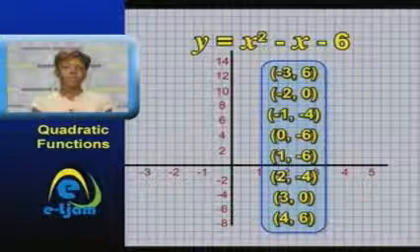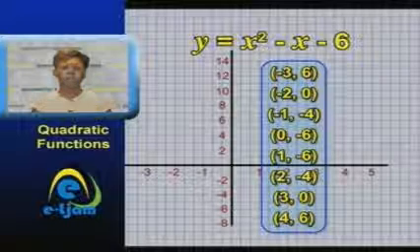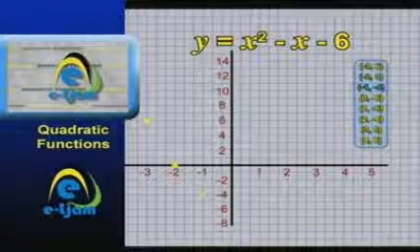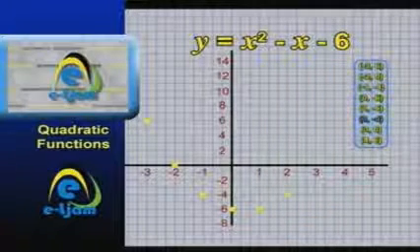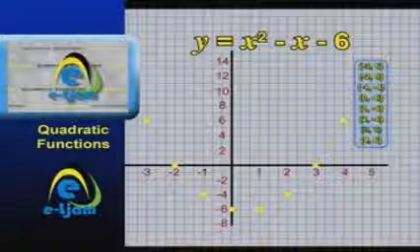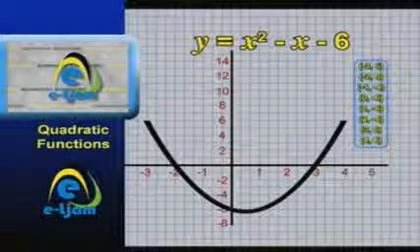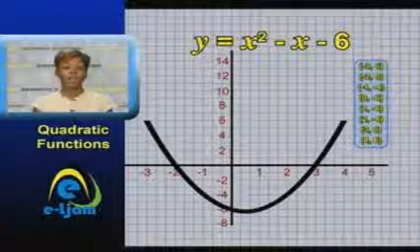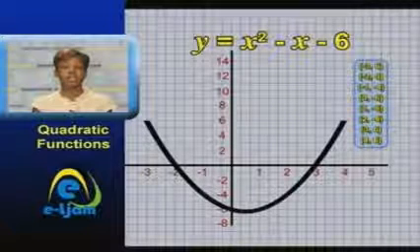Now we plot the points and draw a smooth curve through them. The curve has a minimum turning point this time.